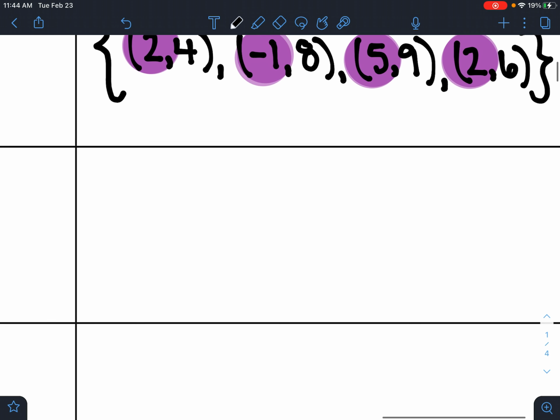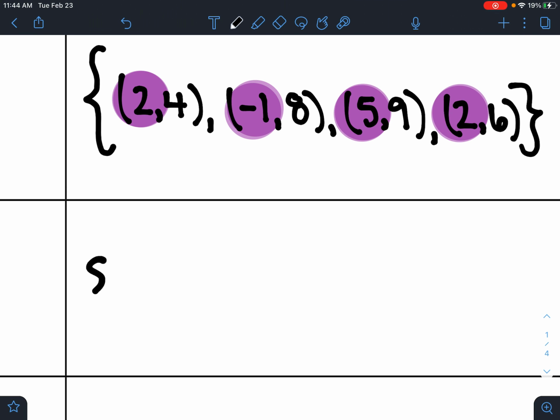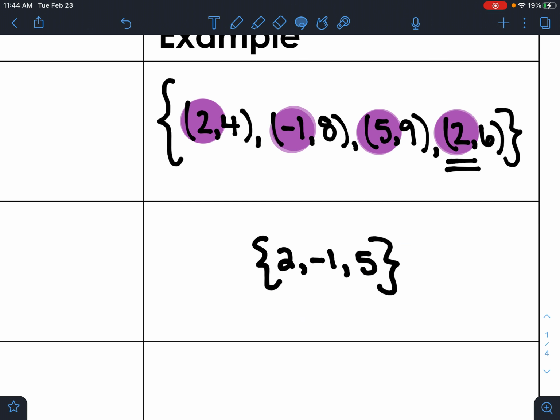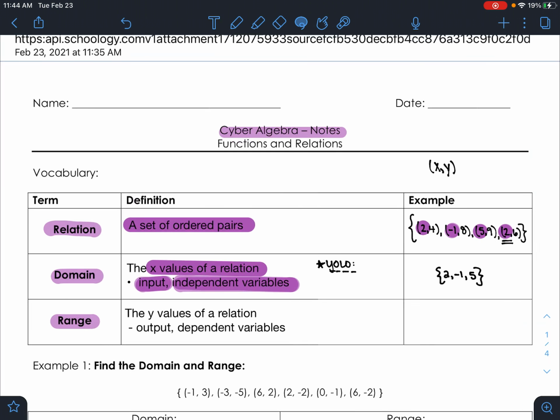So I'd list out 2, -1, and 5. And when I get to my last number in my domain, I have another 2, but because I only list it one time, I'm going to close that curly brace, and then 2, -1, and 5 are my domain.